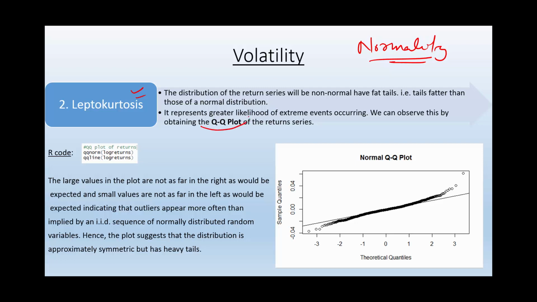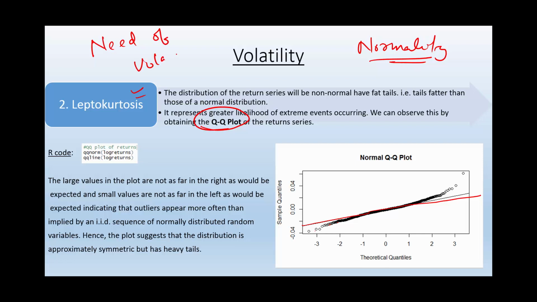So you do a QQ plot and you get to know whether there is. If you have a normal distribution, the data points will lie on this line. If they deviate a lot, then there has to be some sort of kurtosis. We have concluded that it is kurtotic. Hence, there is a need for volatility modeling.